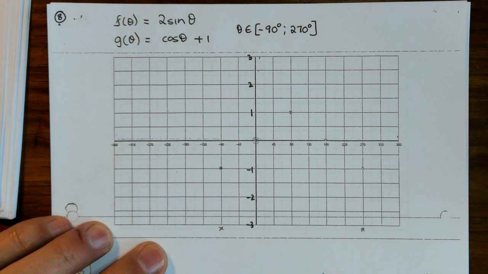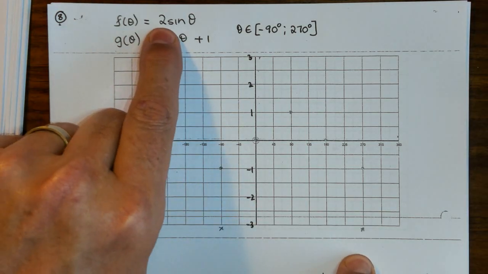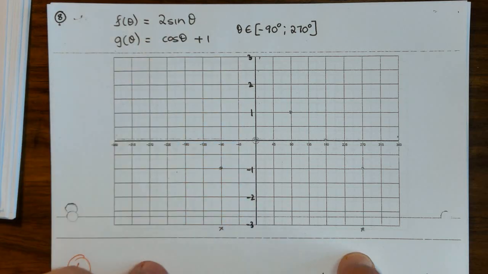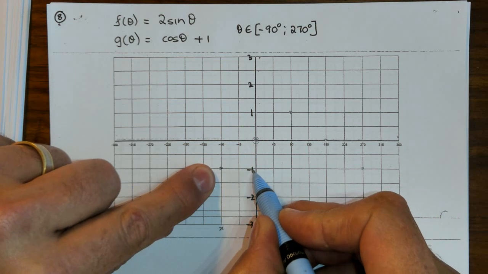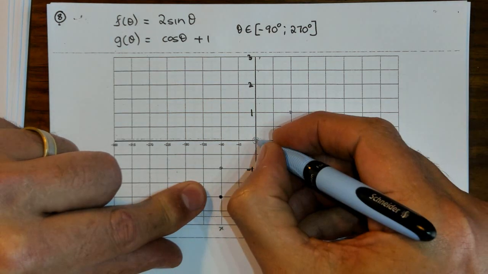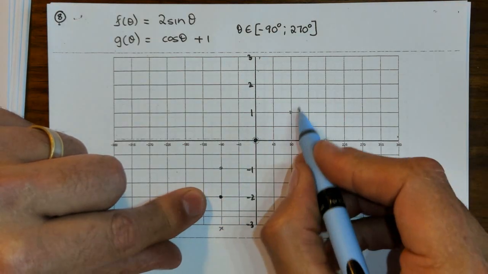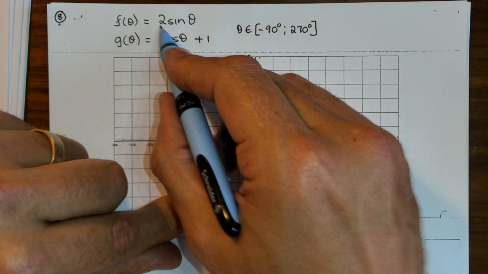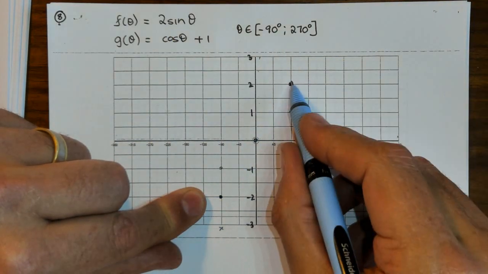Now I'm going to take those points and I'm going to transform them by doubling up the y values, because that's what this suggests. So minus 1 times 2 gives me minus 2, so that's a point. This is 0 times 2, so that stays 0. This is 1 times 2, which takes this point and puts it on the point 90, 2.